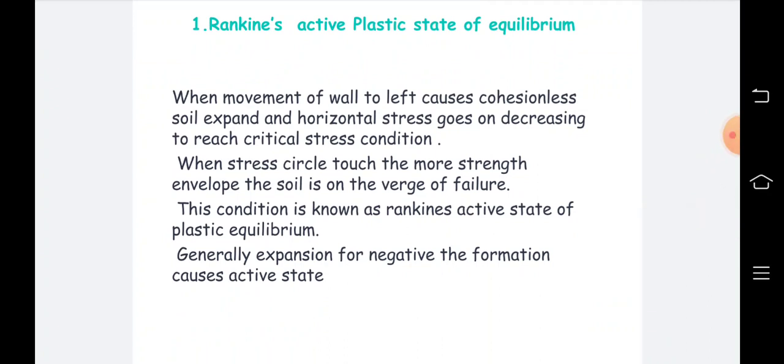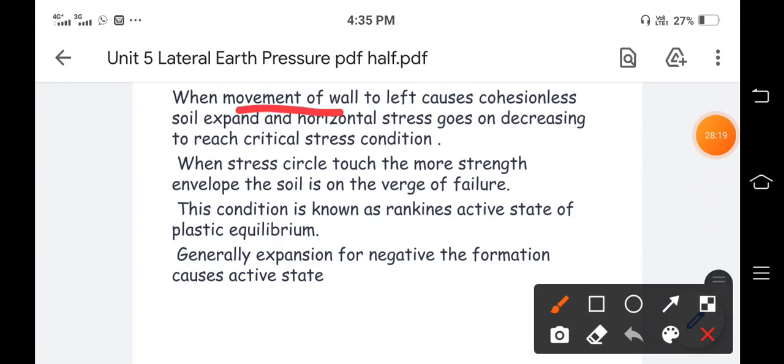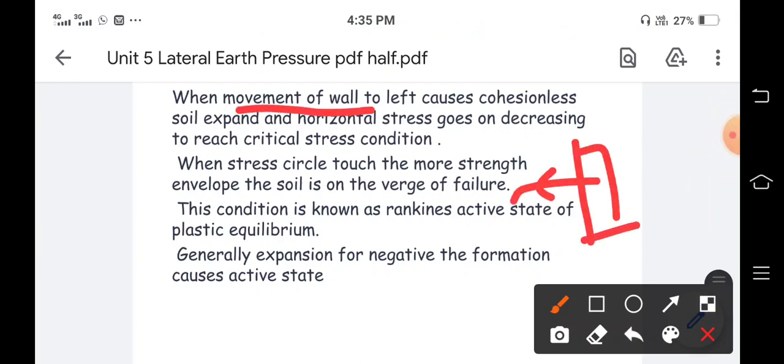So first one, that is Rankine's active plastic state of equilibrium. In that, when the wall moves to the left, it causes the cohesionless soil to expand and the horizontal stress goes on decreasing to reach the critical stress condition. Why cohesionless soil?